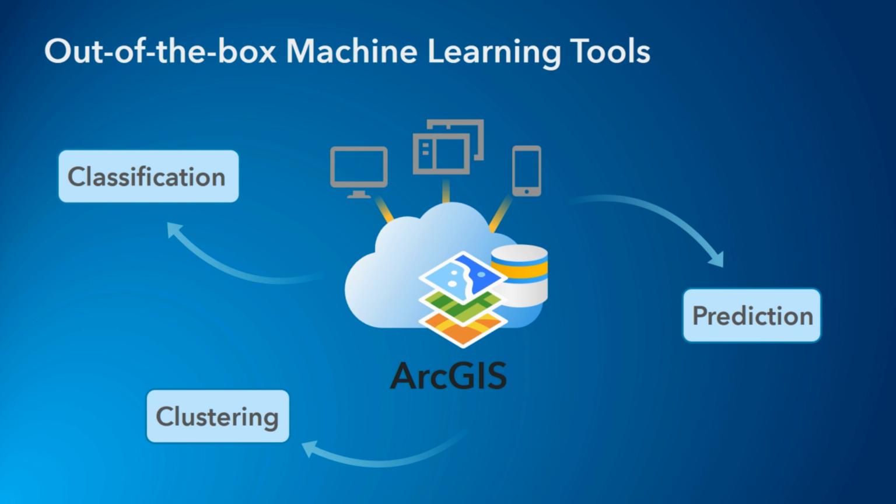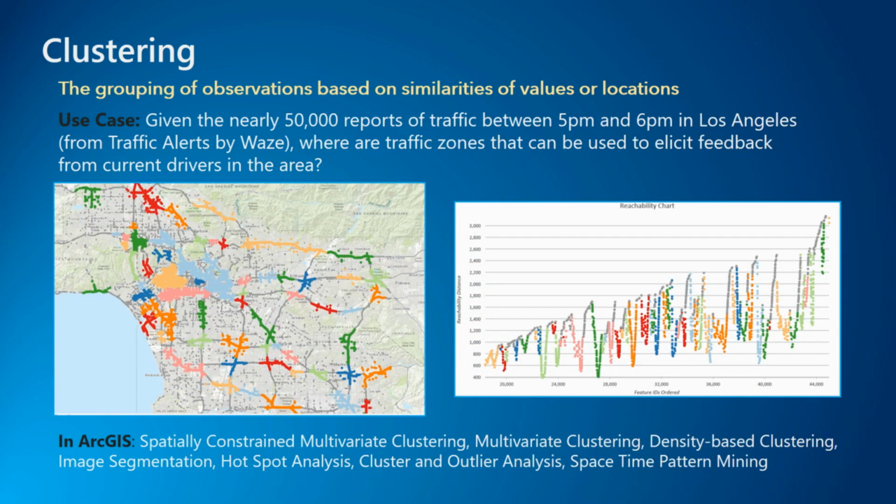So in terms of those out-of-the-box machine learning tools, you can think about one of the main breakdowns of these common machine learning tools as classification, clustering, and then prediction or regression. And we have a set of tools in each of those areas, and they're growing constantly. Clustering is the easiest one because we've been doing clustering forever.